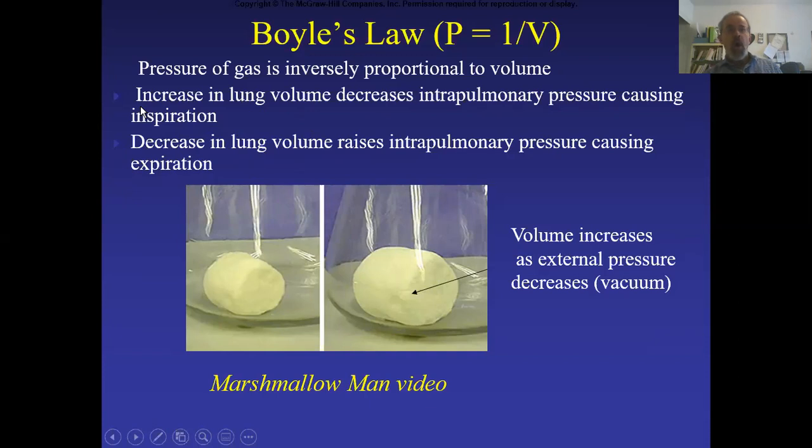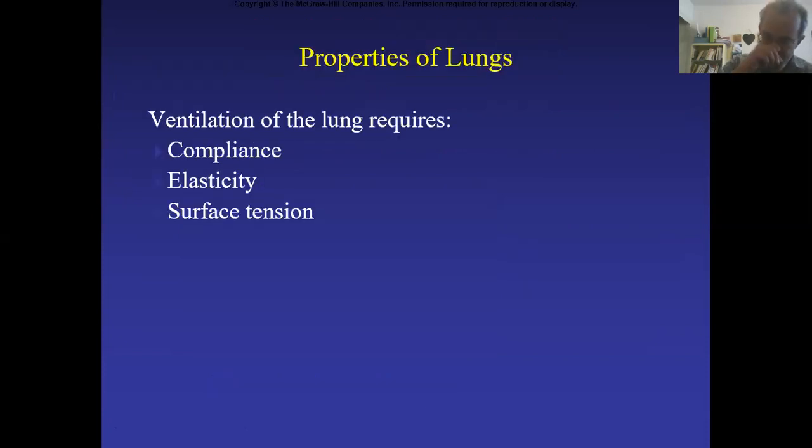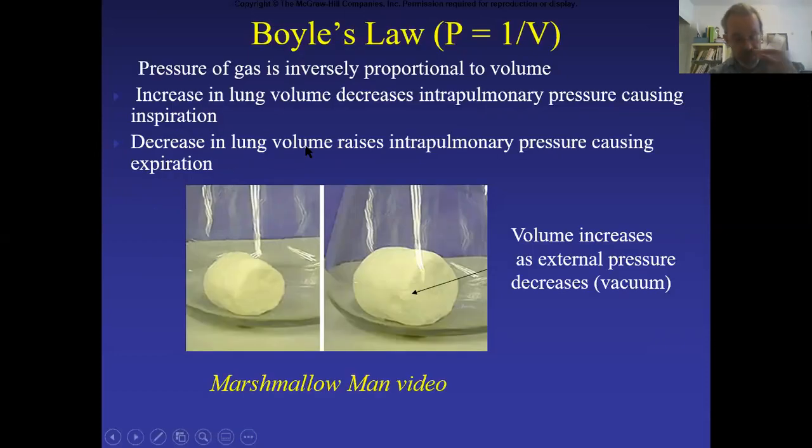So the question is, what's causing the lung volume to change? What's causing the lung volume to decrease or increase? Well, one of the things we do know, it's related to muscle contractions. And we'll talk about those later. Contractions of the diaphragm, contractions of the external intercostal muscles, which affect the size of the thoracic cavity.